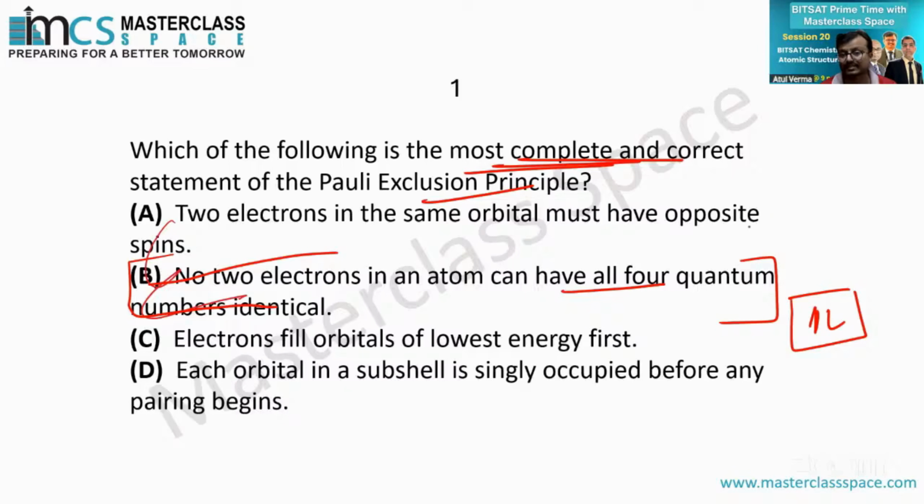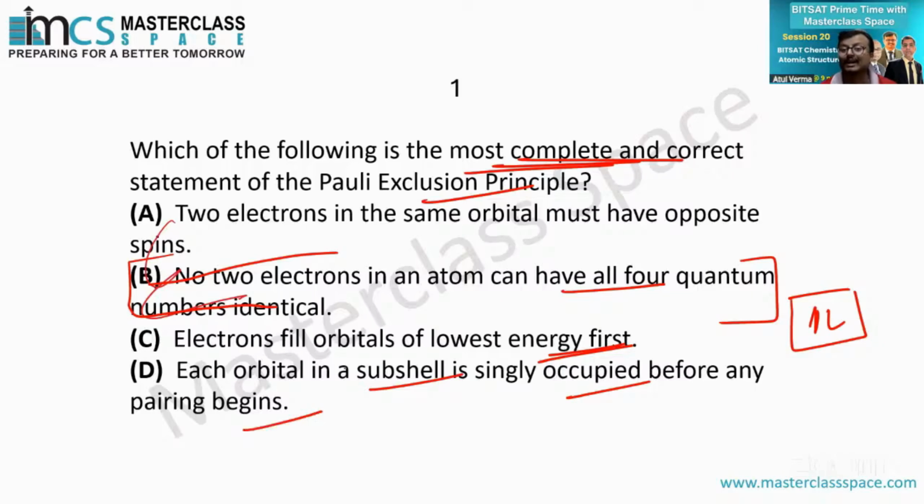Okay. That is very, very important. Electrons fill orbitals of lowest energy first. Friends, I hope all of you know, this is Aufbau principle. This is not Pauli's exclusion principle. And each orbital in a subshell is singly occupied before any pairing begins.